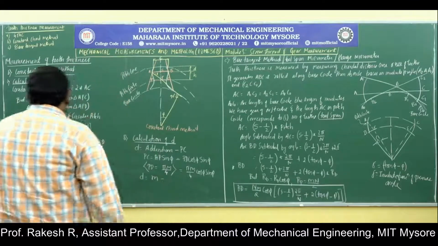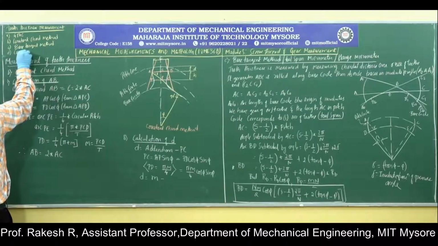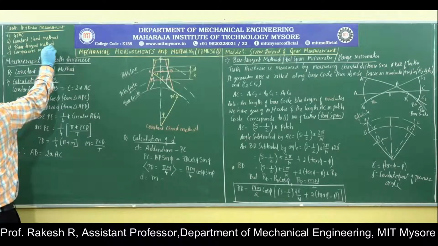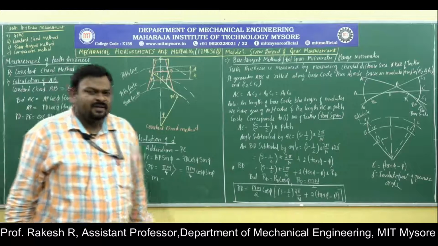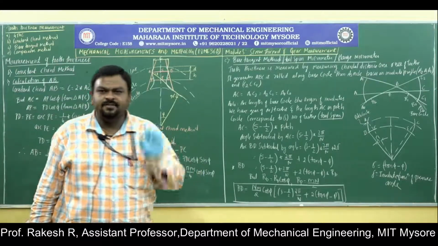There is another method, that is the comparator method. So here we are using a comparator which will give the measurement. There are two things, one is a fixed part and another is a moving part.